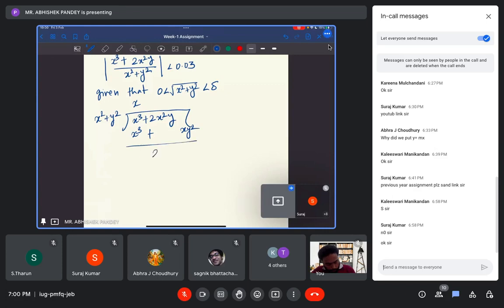Now you will get 2x square y minus xy square. Okay, so plus 2y. Again the same thing will come, I think. So 2x square y plus 2y cube. Anyhow this will not work because again the same thing will come here. x will be replaced by y and y by x.